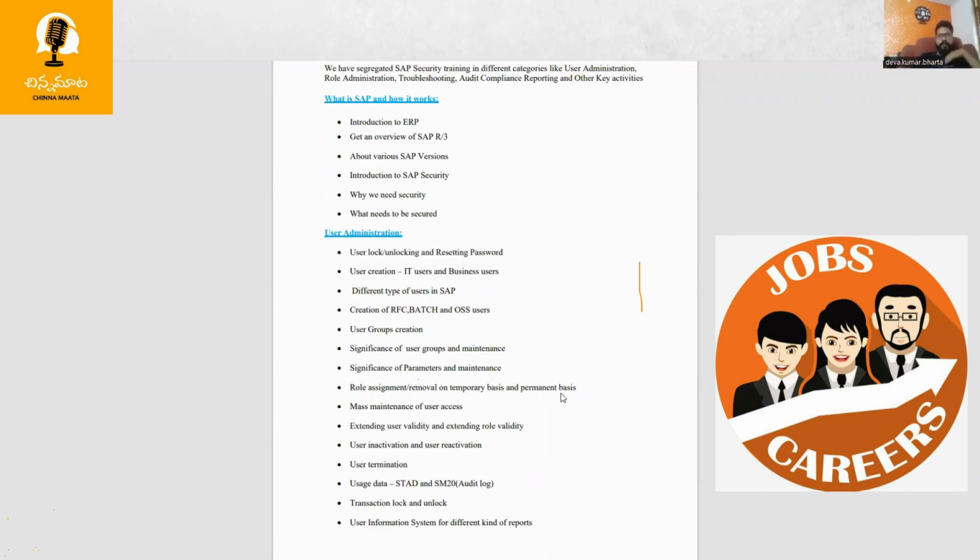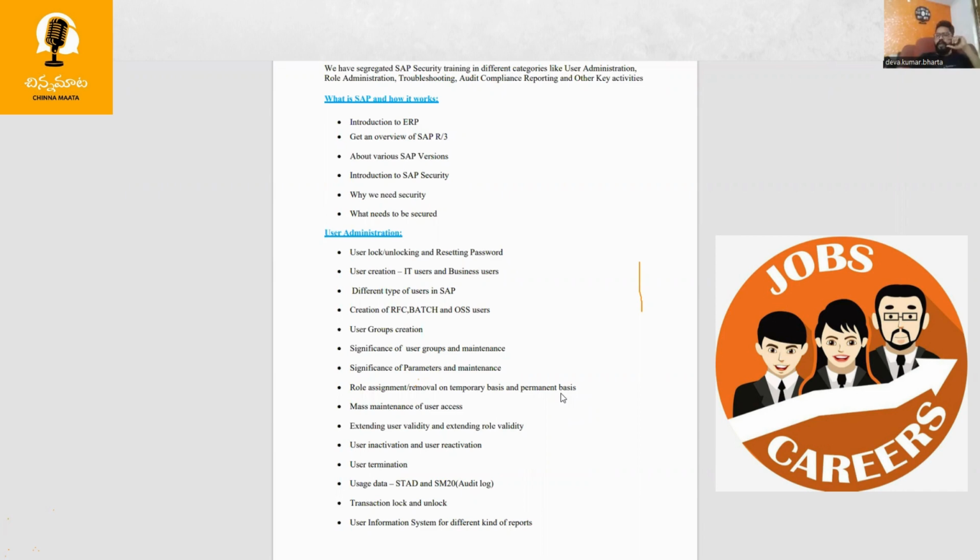We will be granting the access, creating that CEO's user ID and password, and deciding up to what level he can see the system. That will be done by you. So you are the main key person in the company. The roles and responsibilities are very small, but very important for every person in the company.